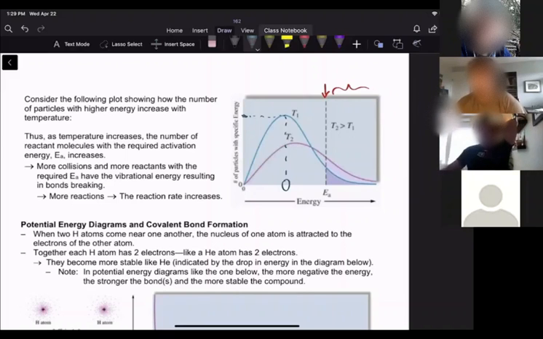And so you can think about the area under that curve, like here. As we shift from the blue one to the red one, more of them move into this area. So that's another way to think about how temperature affects the energy of collisions, how more particles can reach that activation energy.